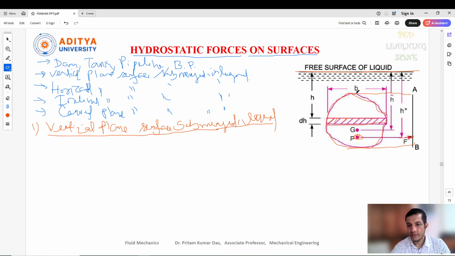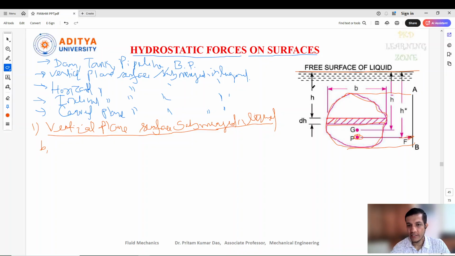B is the width of the object, and H is the distance of this small strip from the free surface.